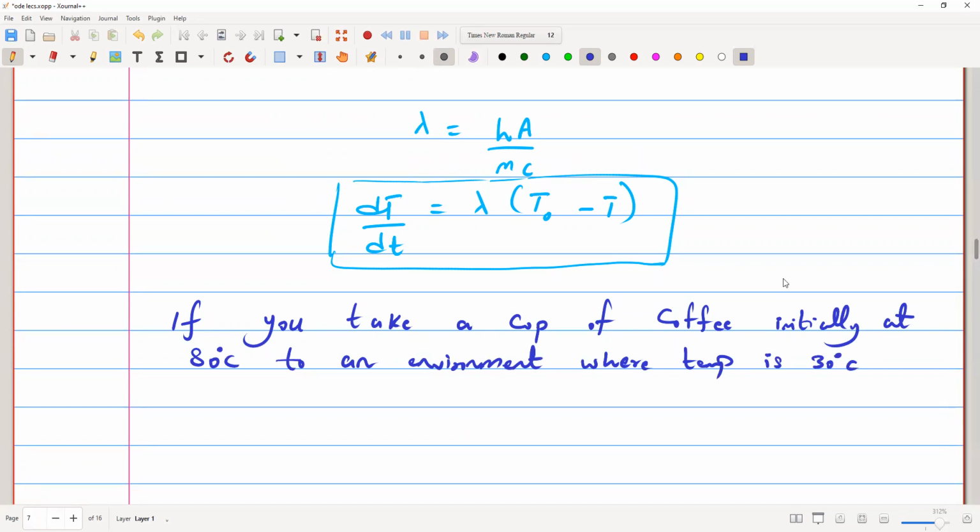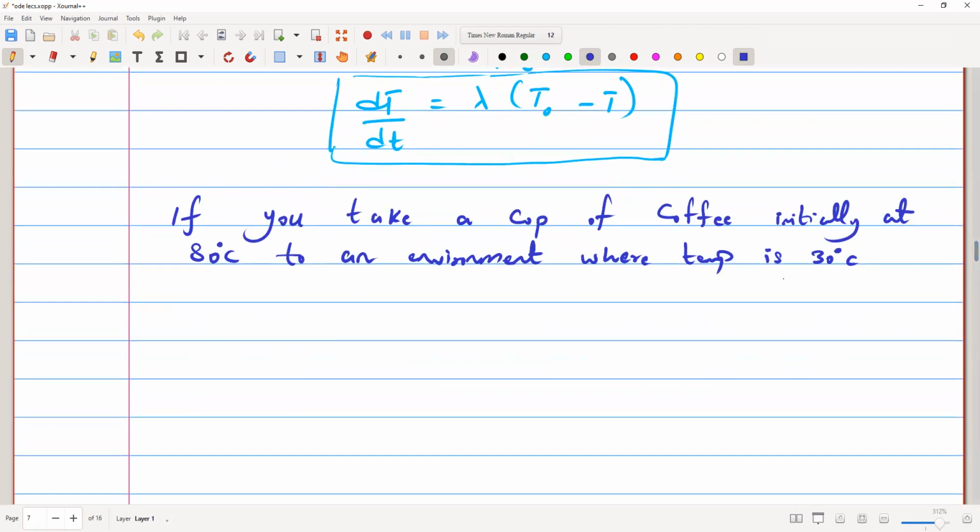Now what will happen? Eventually, this cup of coffee is going to lose some heat energy and decrease in temperature, right? If you take a cup of coffee initially at 80 degrees centigrade to an environment where temperature is 30 degrees centigrade, and say this HA over MC, we already discussed that H is the heat transfer coefficient between the ball and the environment, A is the surface area of the ball, or here it's the cup of coffee.